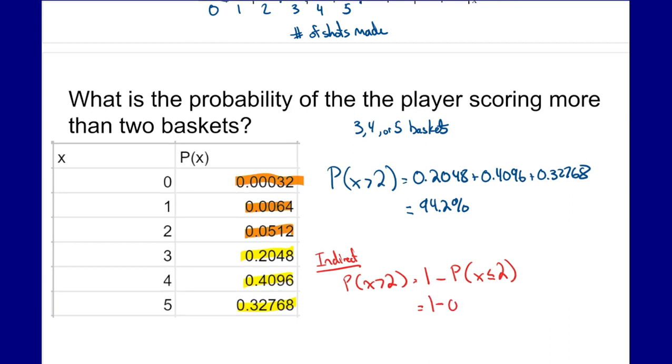So 1 minus 0.0512 minus 0.0064 minus 0.00032. Either way you look through it, in the end, 94.2%. Now, in this case, whether you do one or the other, it might not really matter because you're not really calculating the probabilities anymore. You're just looking at your table, your distribution, and then adding up the specific values.